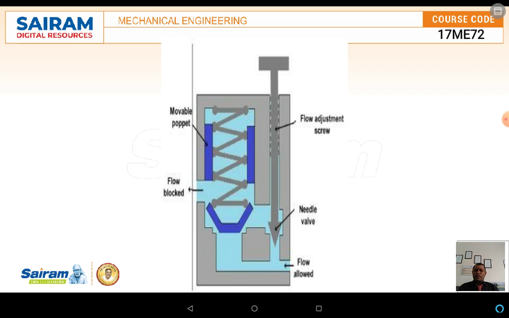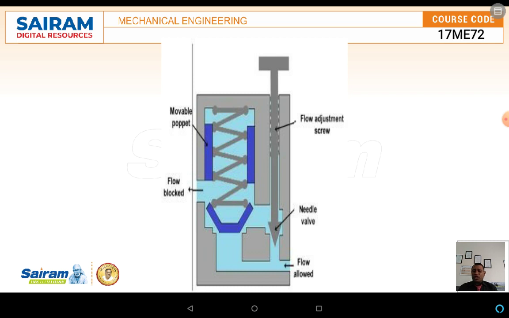Here it consists of the flow adjustment screw, which has a needle by which the adjustment can be done. There are two ports over there: one is the inlet port and the other is the outlet port. At the inlet port the flow is allowed, and at the other end the flow is blocked.